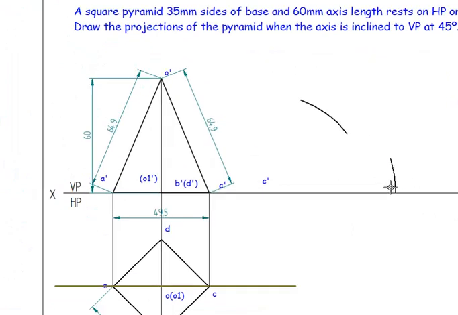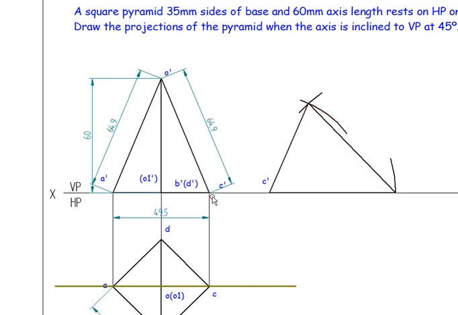From this point I'll cut 64.9. Now I'm just going to be joining these lines, until here.